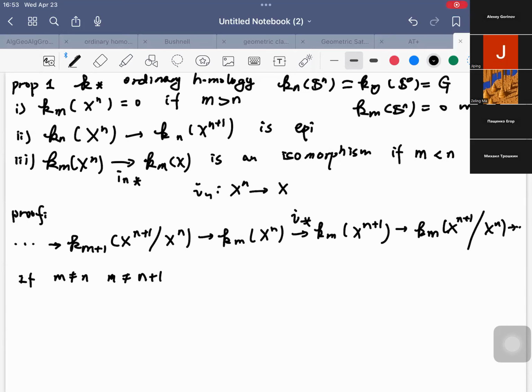If i is not equal to n and i is not equal to n+1, the two parts are 0. So this map is an isomorphism.